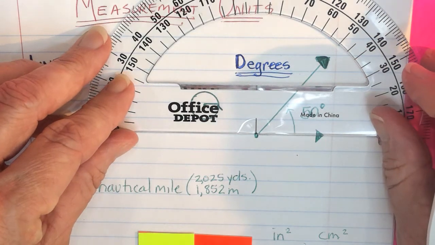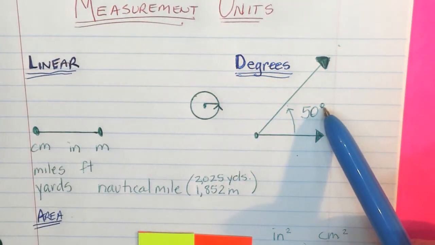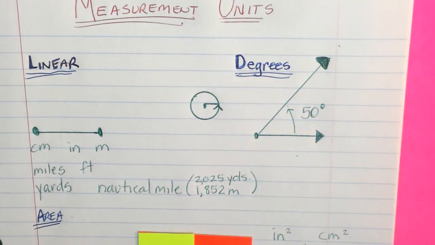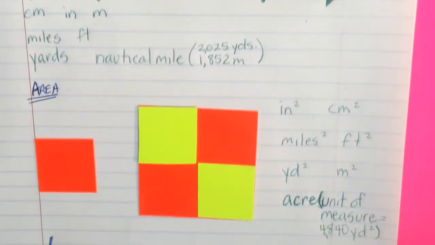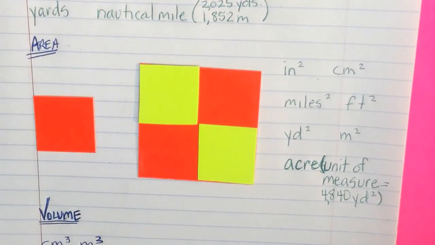Every single time we work with an angle this year, your unit of measure should indicate its degrees by putting that small superscript circle. Okay, let's talk about area measurements. Instead of measuring how long something is, we're going to measure how many square units it is. Literally, physical squares.